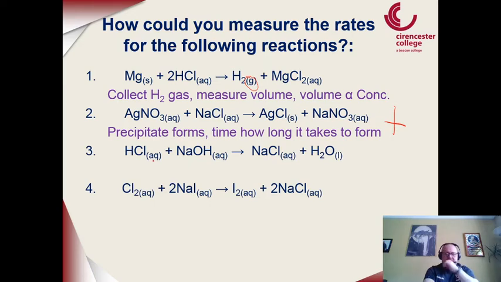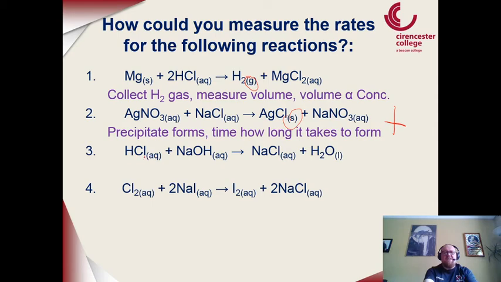This one here, slightly different. You can't just look at the states of matter like we did in this one and this one. With this one, we have hydrochloric acid plus sodium hydroxide, which is a base, and it's making sodium chloride plus water.